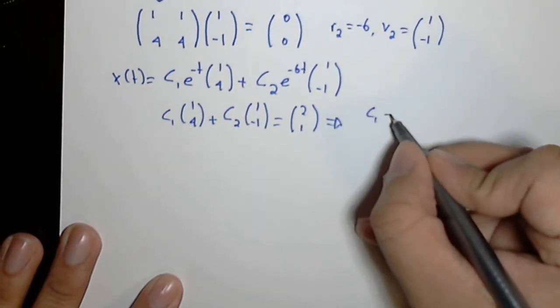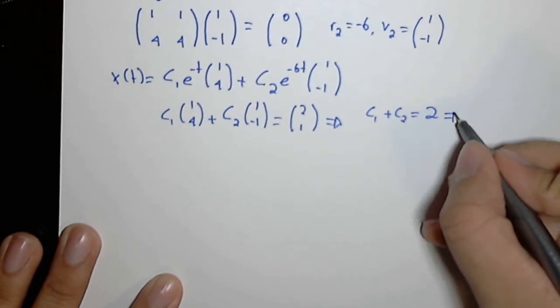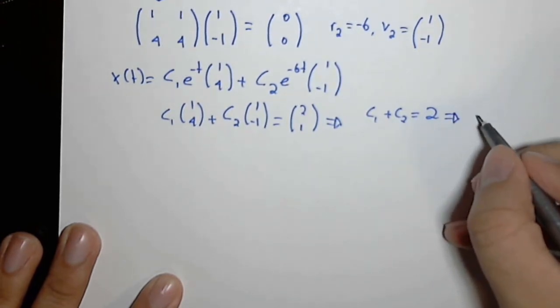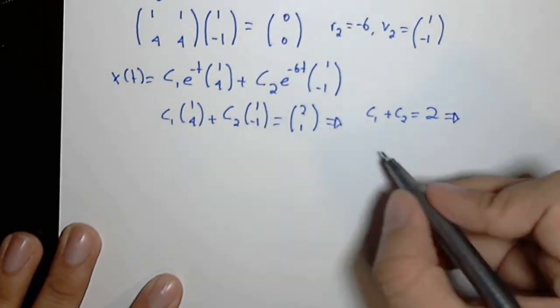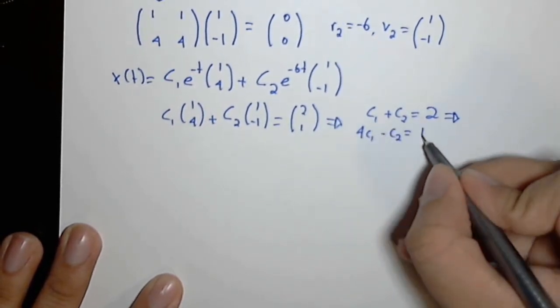So C1 plus C2 equals 2, which means, hold on, I'll leave that for later, and 4C1 minus C2 equals 1.